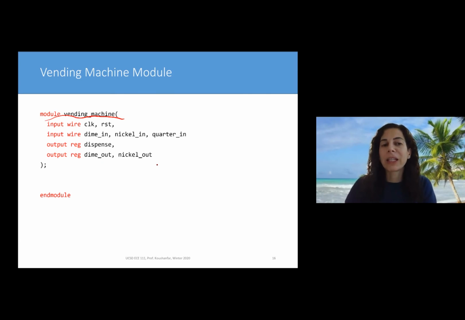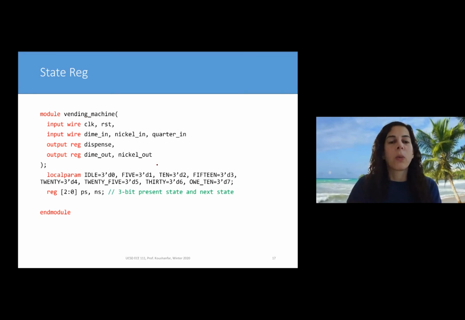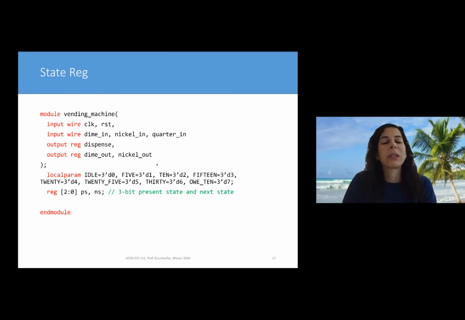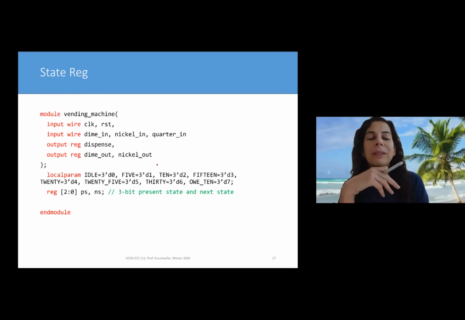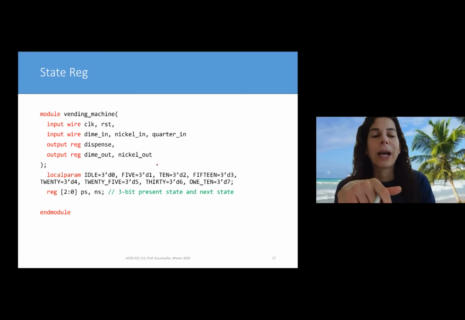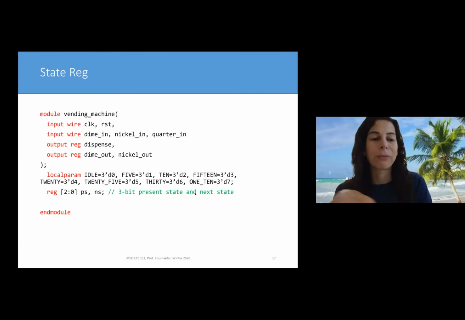Now that we have the interface for this module, which defines the high level of this module, we are going to have the parameters. In this particular case, for readability, we are going to define some local parameters, which are basically the states. So we have the states that we had in that other diagram: idle, 5, 10, 15, 20, 25, 30, and remember the O10 state that we added to get around the 30 plus 25 problem.